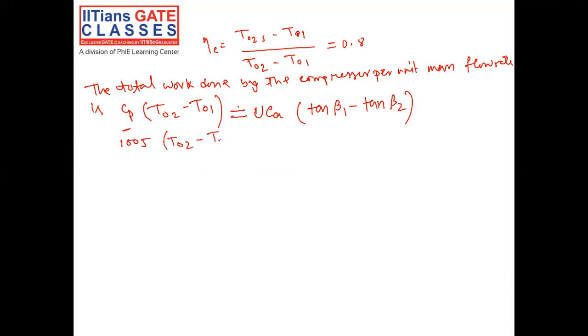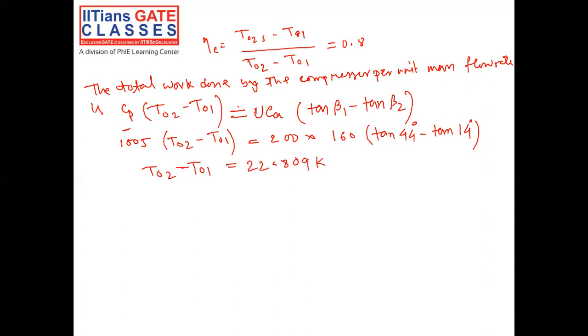get this TO2 minus TO1. So from this we get TO2 minus TO1 as 22.809 Kelvin.